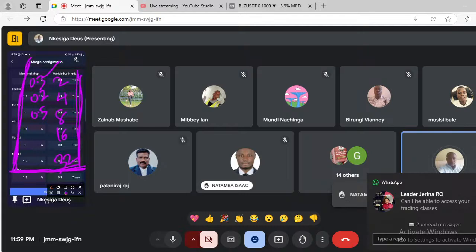That is it. Use the strategy while you understand why you're using it. Leave 0 point something for those who are having money, but otherwise, for you, my dear friend, you have $200, you have 300, you have 500, you have 1,000, and you are also using 0 point something here.